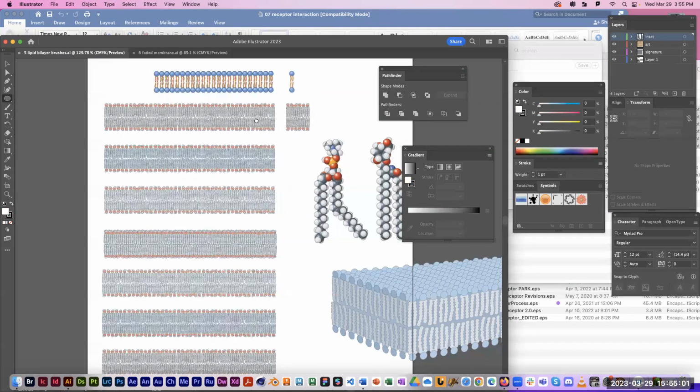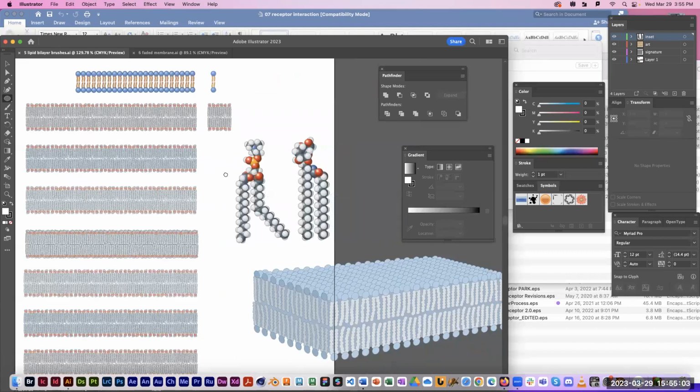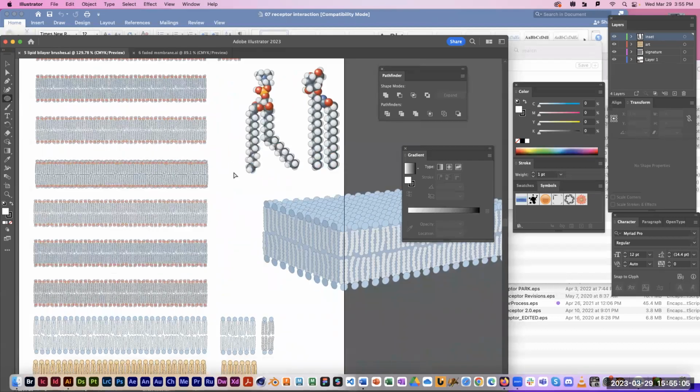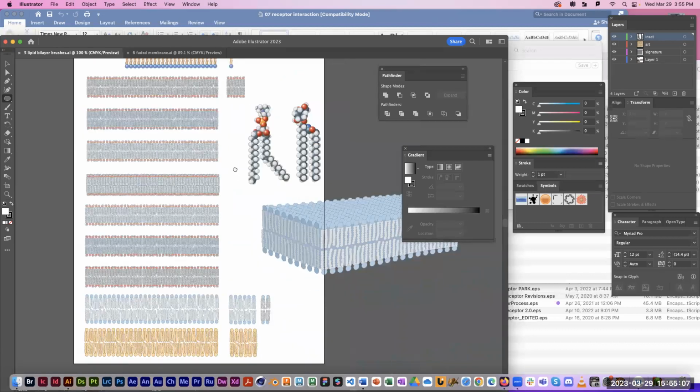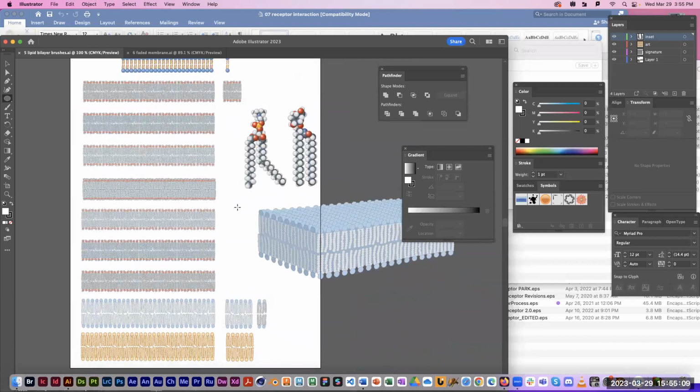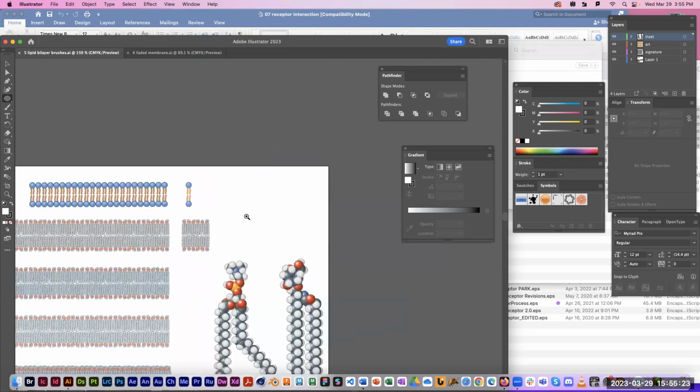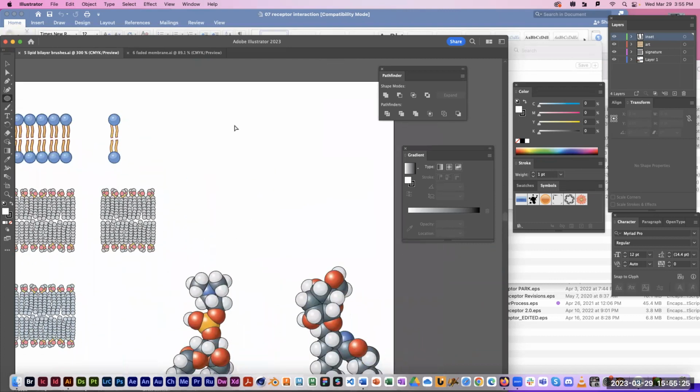So over the years, as I've experimented with different kinds of patterns or different kinds of brushes for phospholipids and lipid bilayers, I've kept a file on my computer that I still have at home, where I've maintained a whole collection of these different examples.